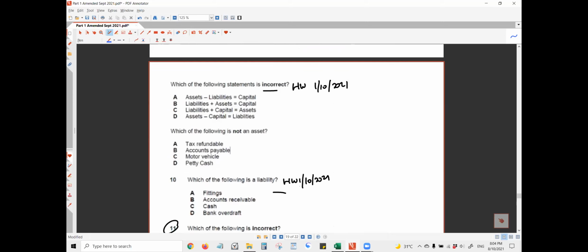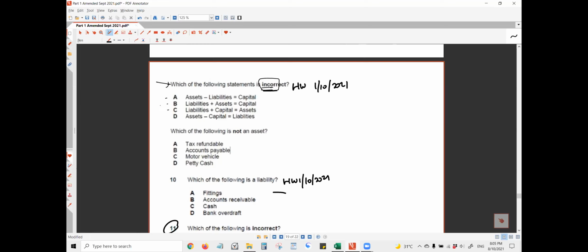Next one, next page. Which one is wrong? Even though this question looks simple, students may still make mistakes here. They're asking you which one is wrong, right? After you have read the first sentence, you know that you are looking for the wrong one. But you will be surprised that many students, once they have read a few options, suddenly change their mind and think they are looking for the correct one.